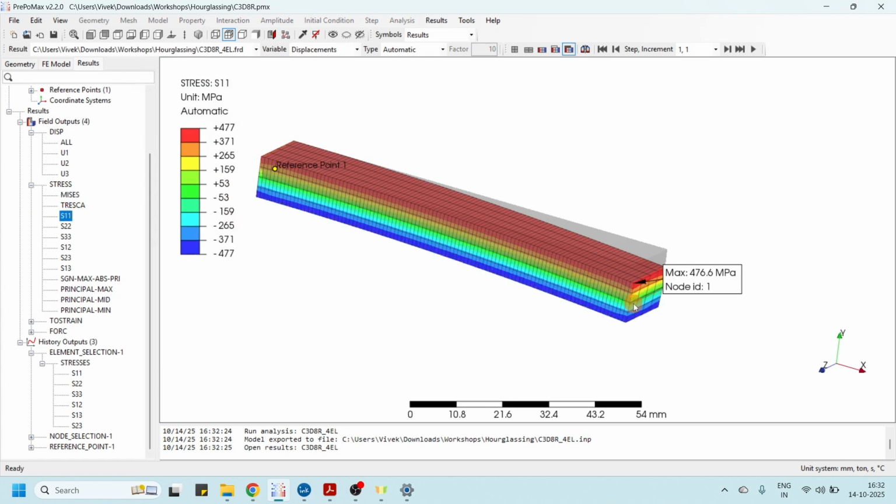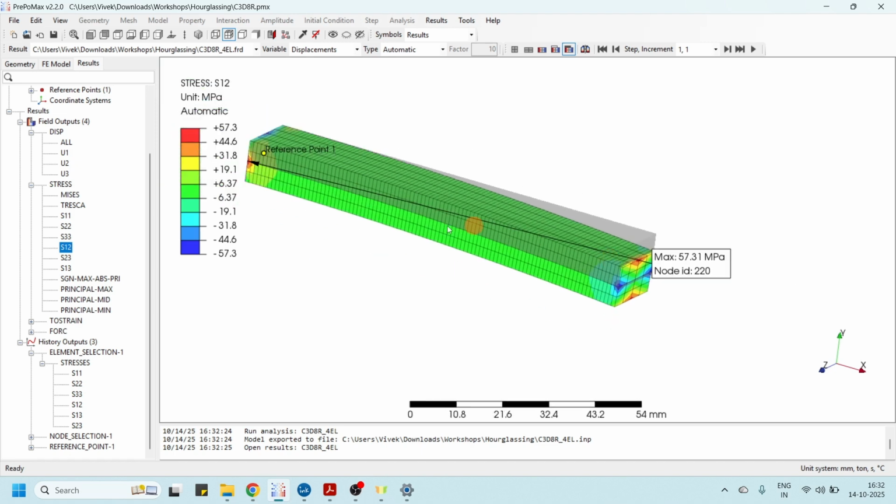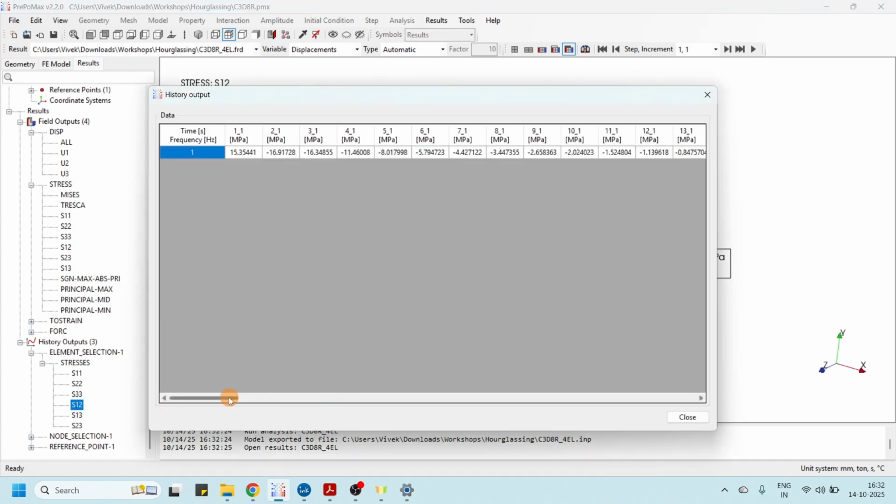So bending stresses are now 477 megapascal and shear is almost zero. These are nodal. We can check integration shear stresses. That is almost zero.